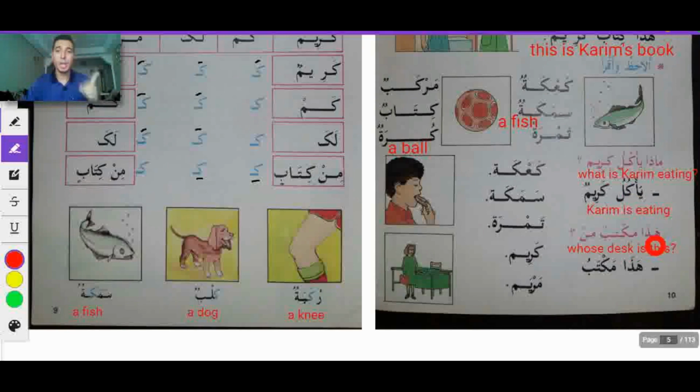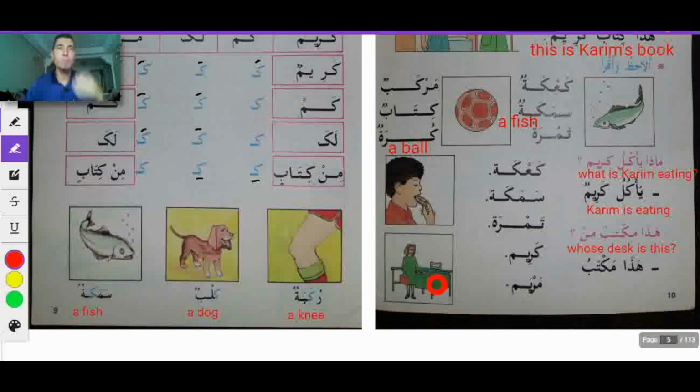Now, هذا, we've already said that هذا is this for singular male things. هذا مكتب. So here we are designating a desk, but we want to know to whom it belongs. So we'll say هذا مكتب من.